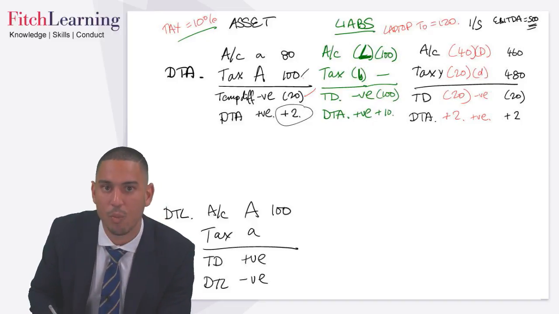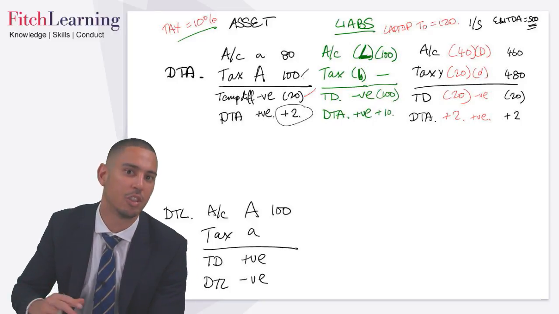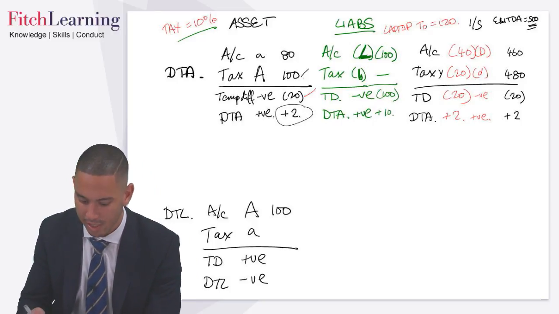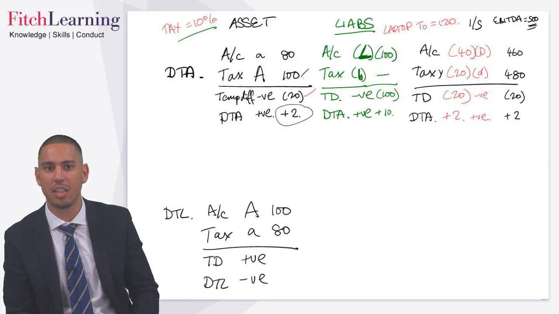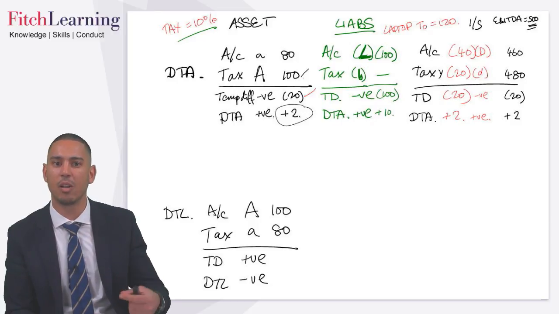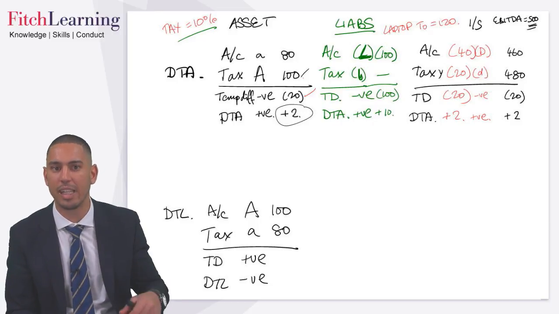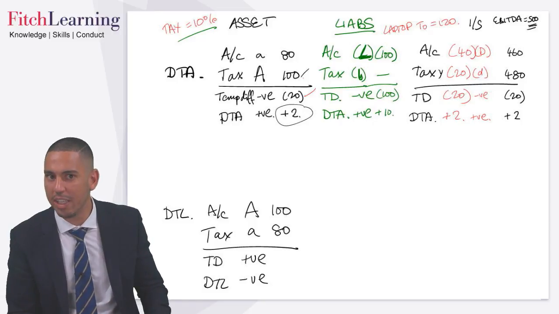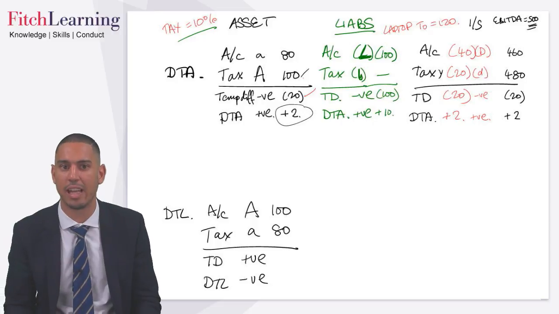I have an asset worth 100. If I sell it for 100, there is no gain or loss. If the tax authority says that asset's only worth 80 in our books, if I were to sell this for 100, the taxman says you've made a 20 gain. So no gain in my accounts, but the taxman says, according to us, you've made a $20 gain.